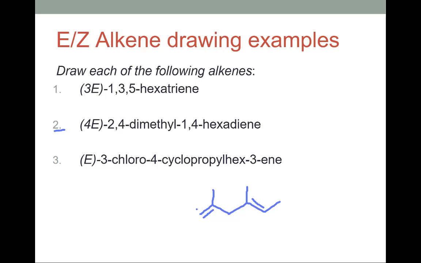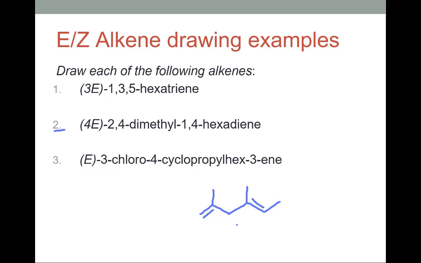Notice I don't need to do any stereochemistry for the end because there's 2 hydrogens attached here. So technically this doesn't need a 4. It could just say E because the only one that it applies to is 4. But if I have multiple double bonds that I need to indicate stereochemistry, I would do it out front here, and I would just separate them by commas. So like 2Z, comma 4E maybe, or whatever it might be.